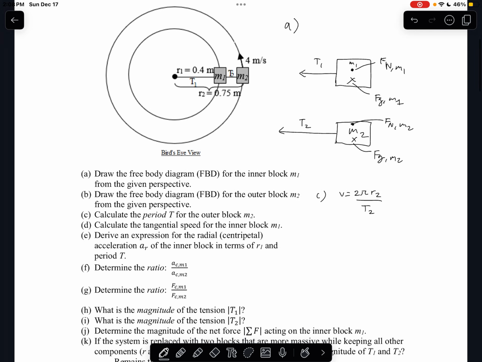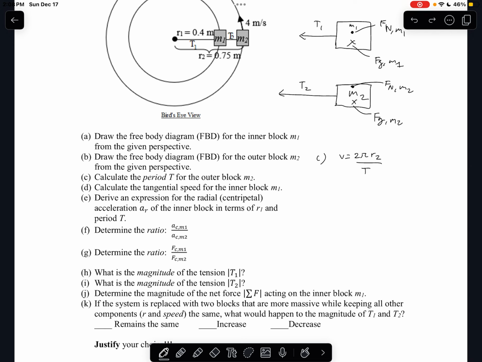They're connected, so they finish a revolution at the same time. So T equals 2 pi times 0.75 over V, which is 4. So T is going to be around 1.18 seconds.